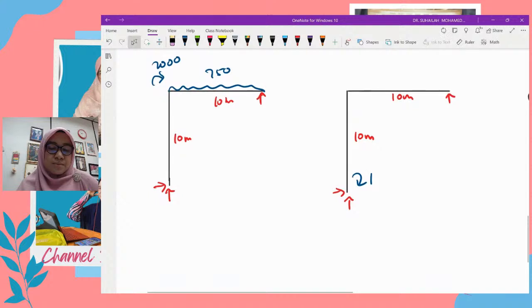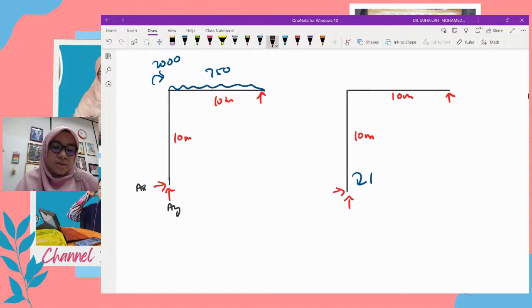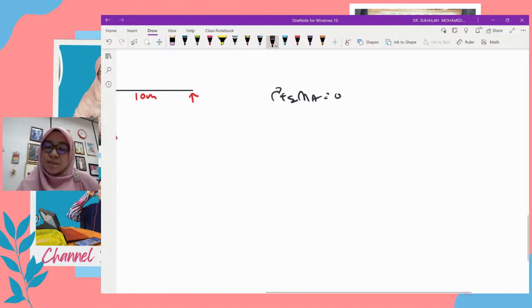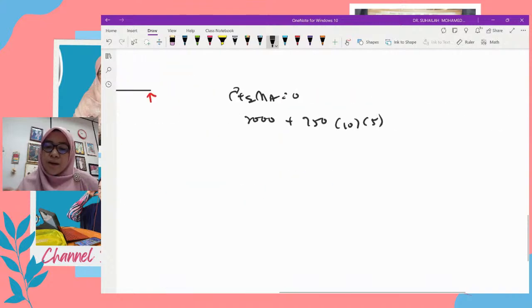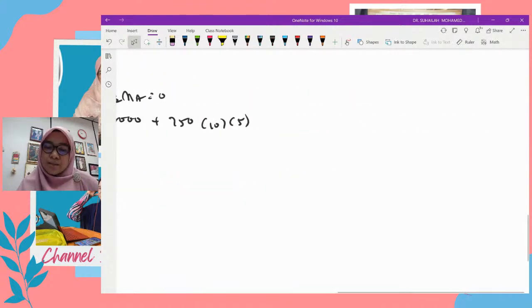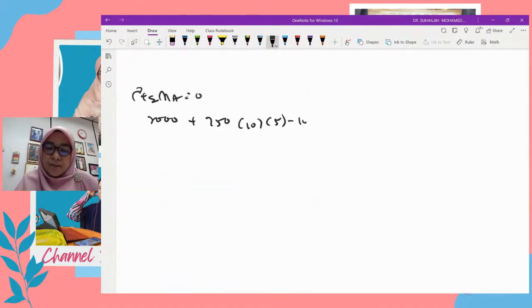Here is AY and AX, this is ABC, this is CY. It is 2,000 positive plus 750 times 10 times 5, okay, minus 10 CY is equal to 0.